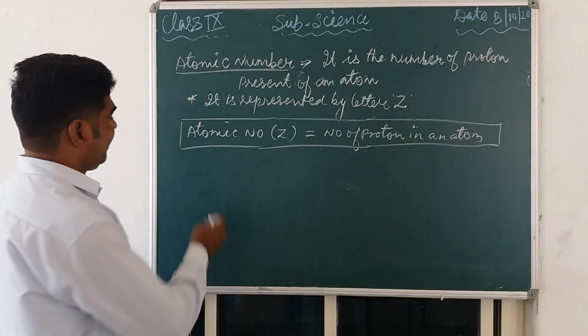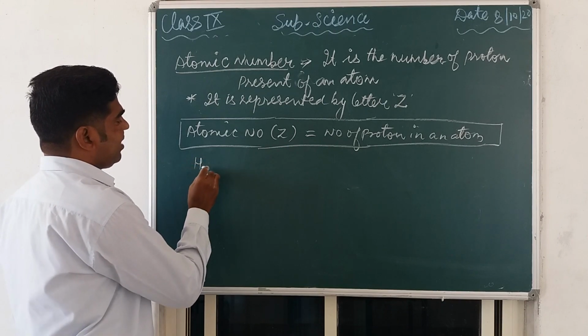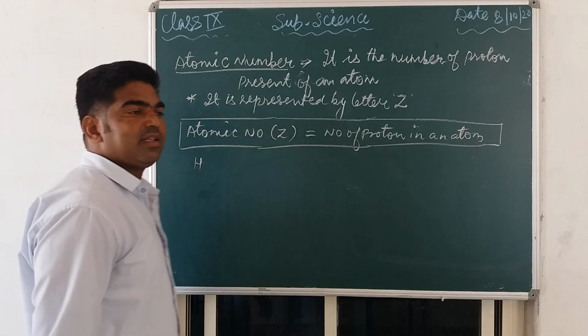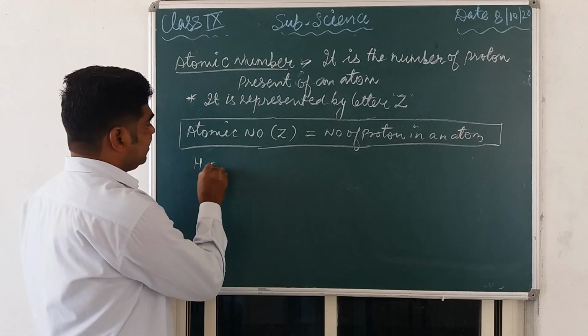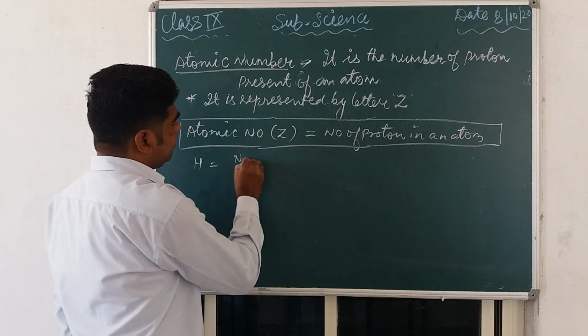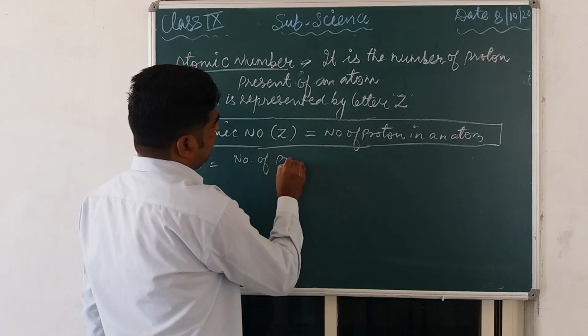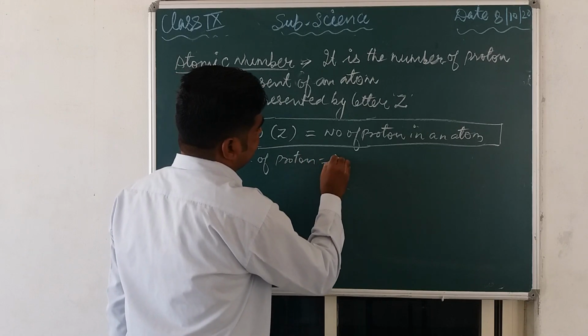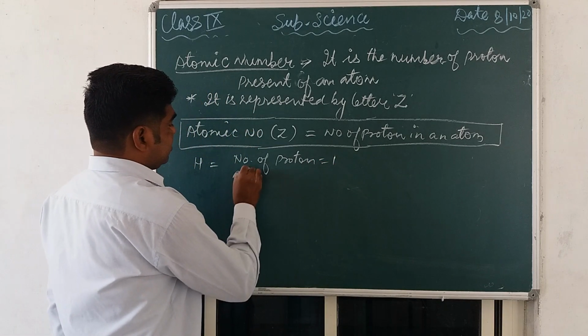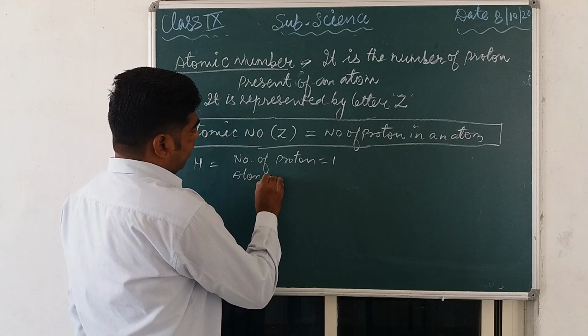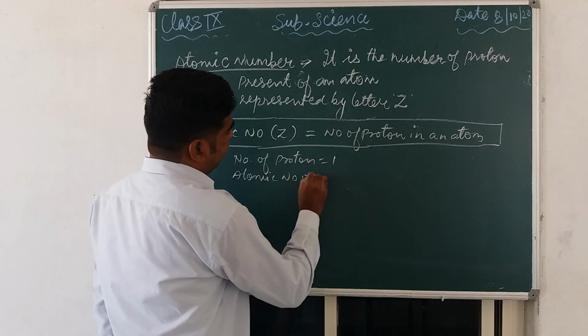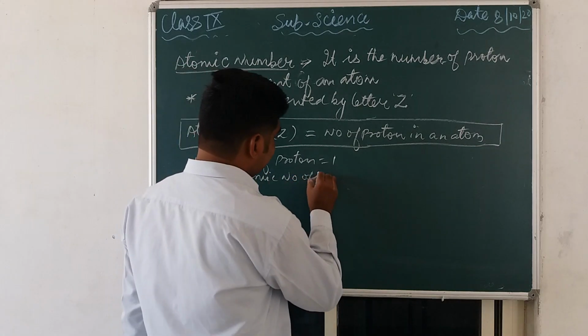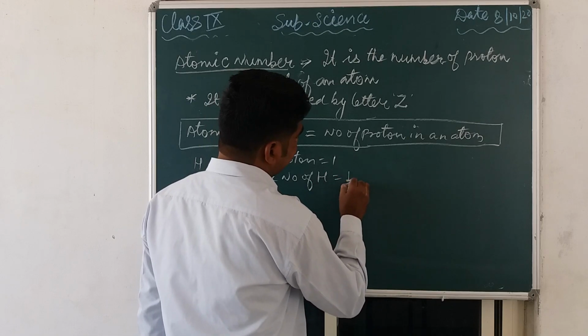For example, if we take the example of hydrogen, in hydrogen the number of protons is equal to 1. So the atomic number of hydrogen is equal to 1.